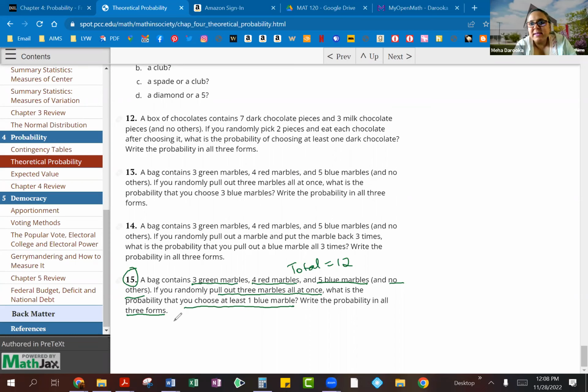So take a minute, think about this. Again, you should notice the terminology of the at least. So that means if you're trying to find the probability that you would choose a blue marble, this would be the same thing as 1 minus the probability that you did not pick a blue marble.